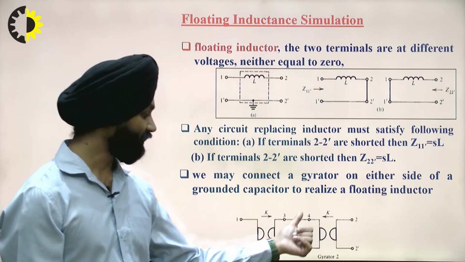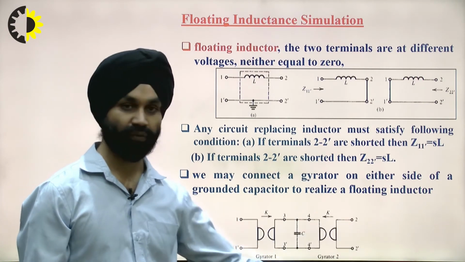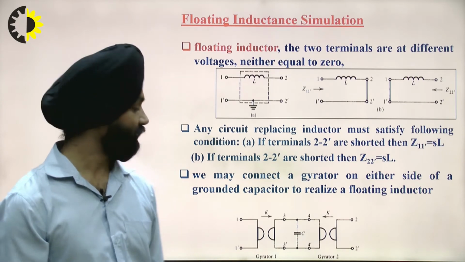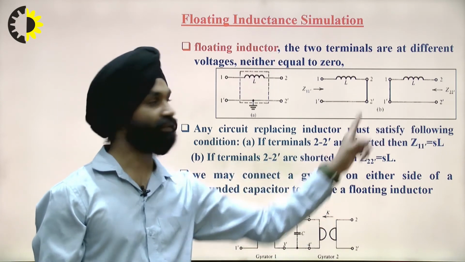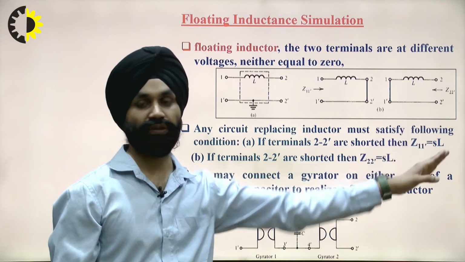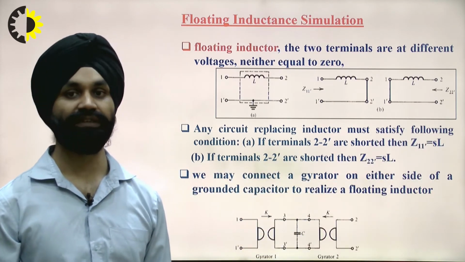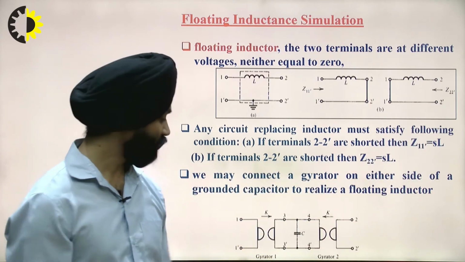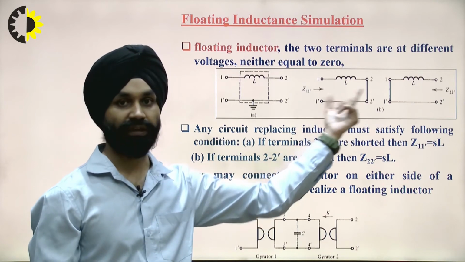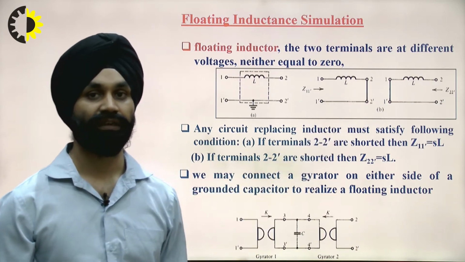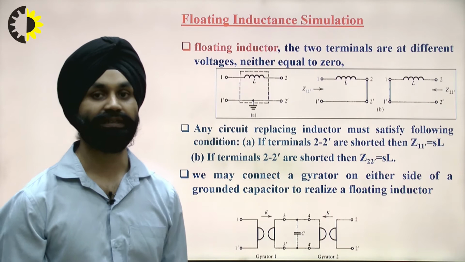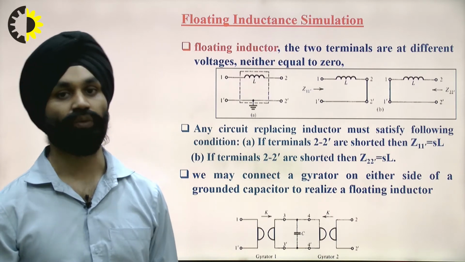For the other circuit, from terminals 3 to 2, this can be taken as the second terminal pair, 1 dash to 2 dash, for the Z22 dash impedance. So this whole circuit can be taken as another gyrator with the capacitor as the Z22 load.